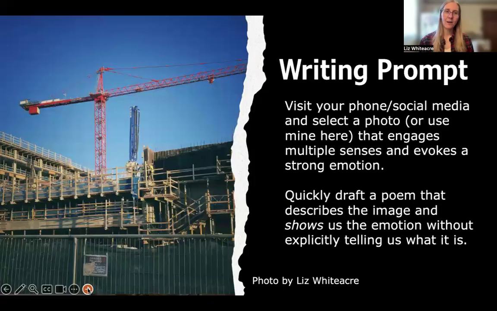That is the health building being built there, and I just thought the crane was so stunning on that sunny day. But create a quick draft of a poem that uses multiple senses, that evokes a strong emotion, and show us that emotion without saying what it is directly.